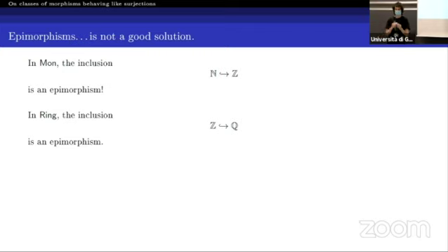And so we have a proper mono which is an epi. And again, in the category of rings, you have the inclusion of integers into rational numbers, which is also an epimorphism. This phenomenon does not appear with surjections in Set, because if a surjection is a mono in Set, it's an isomorphism.